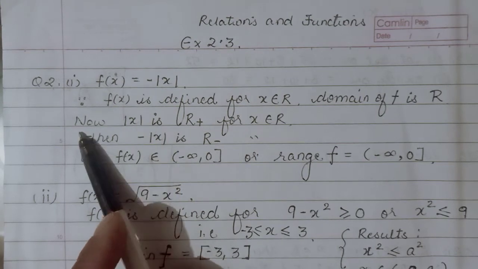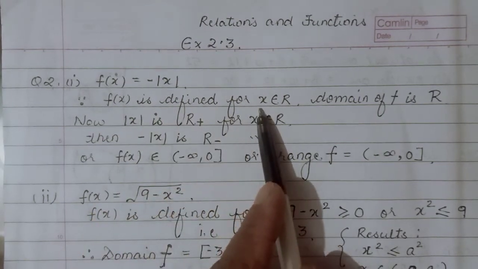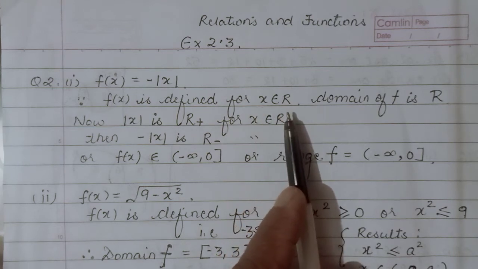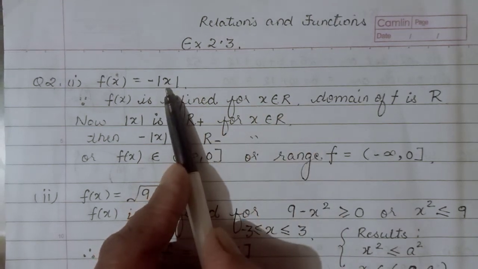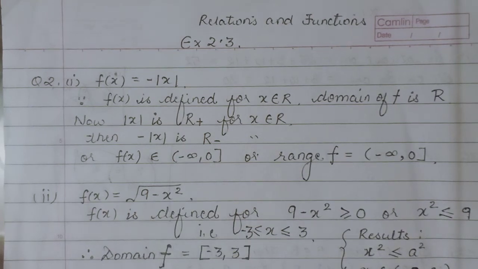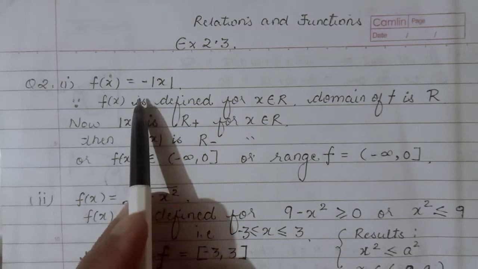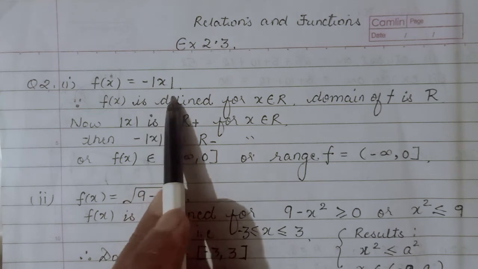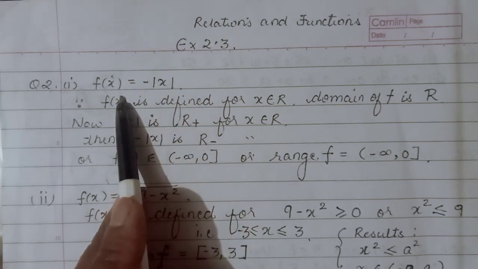Okay, so now if you focus on this particular function, so if x is any real number, as I've written here, that f(x) is defined for all x being real number. So think of all the real numbers. Is there any real number for which you cannot find its modulus value? No. For every real number, modulus value is defined. And then for that modulus value, we can multiply it by minus sign and we'll still end up getting some real number.